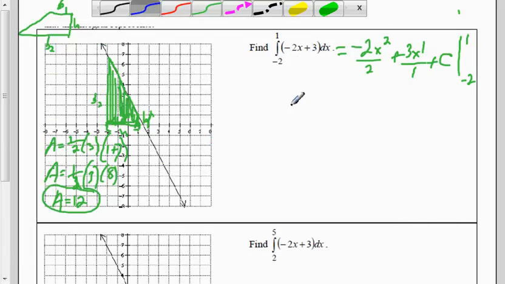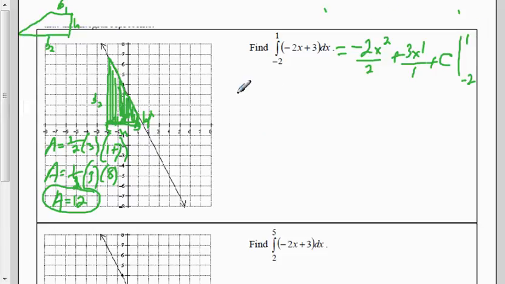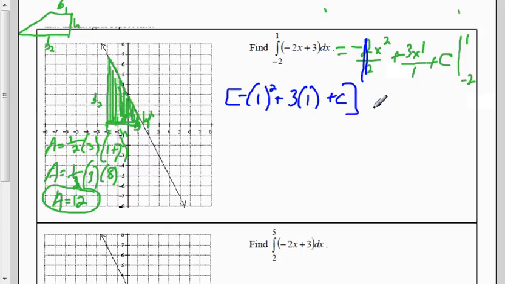So when I do this, I'm going to substitute in the upper limit. For the upper limit, I put a 1 in, so I'm going to get negative, and then 1 squared is 1, because 2 over 2 is 1. So then it's negative 1 squared plus 3 times 1 plus c.